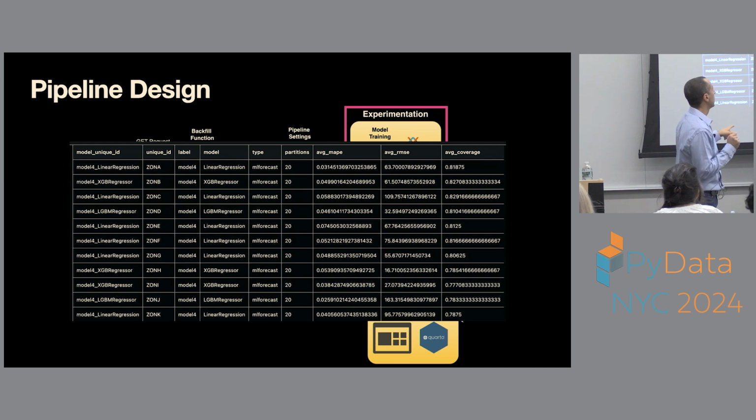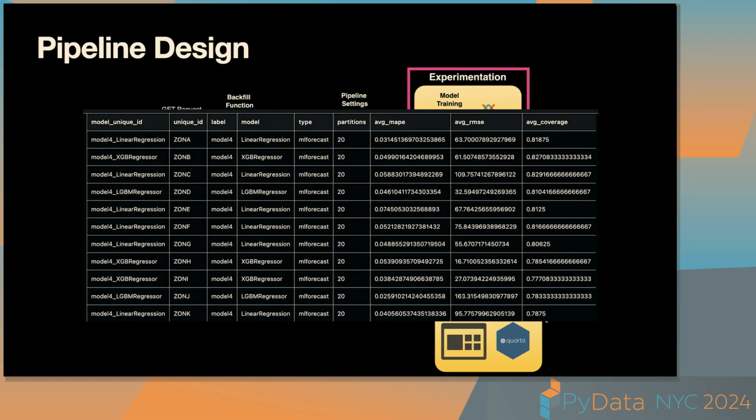I used 20 partitions, and each partition is 24 hours. So I move over the last 20 days, and each time I train, predict the next 24 hours, score it, and move the window, train again, predict the next 24 hours, score it, and then calculate the average root mean square error and the prediction interval coverage.